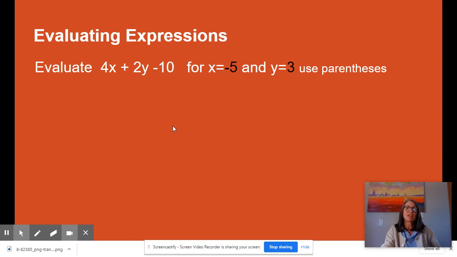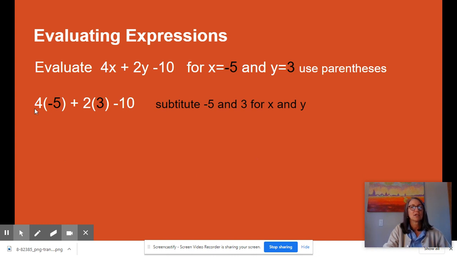But what if we had something a little harder and we've got two different variables? Well, let's give it a whirl. Now, x is negative 5 and y is 3. It's really important that when we substitute, we use parentheses, and it would look something like this. So 4 times negative 5 plus 2 times 3 minus 10.